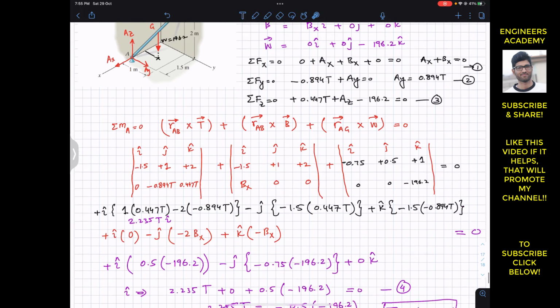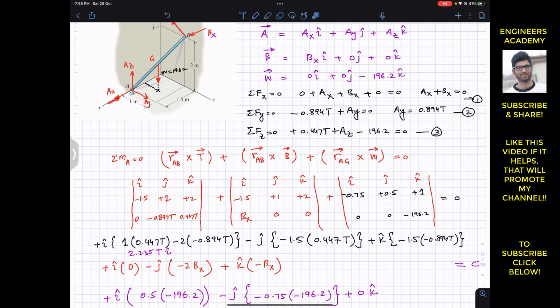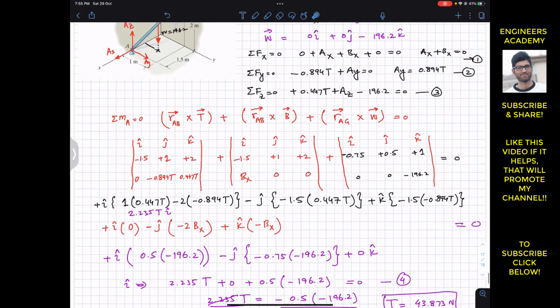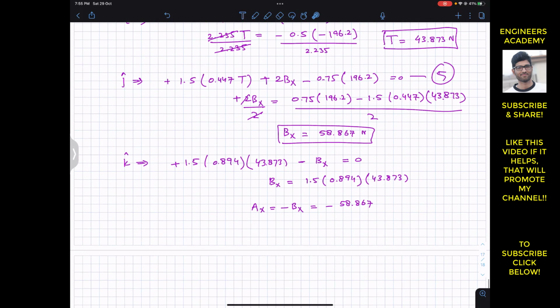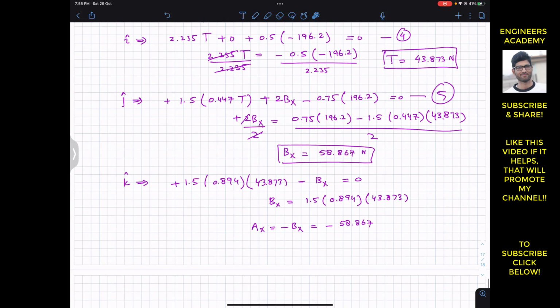Ax is acting in the opposite direction, so actually Ax is acting in the negative x direction. We have assumed that Ax is acting in the positive x, but the answer tells us that Ax is acting in the opposite direction of the assumed direction. So it is acting in the negative x. This is from equation 1.